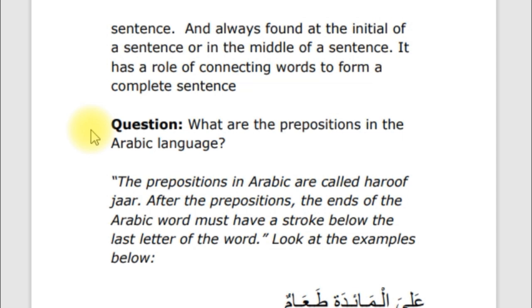Questions. What are the prepositions in the Arabic language? The prepositions in Arabic are called huruf jar. After the prepositions, the ends of the Arabic word must have a stroke below the last letter of the word. Look at the examples below.